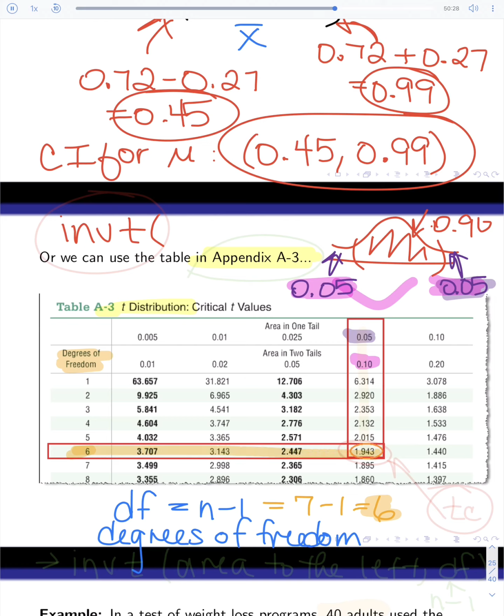Well, these two overlap at the same value we came up with for our critical value. That's the 1.943. That's your critical value, your t sub c. So this is another way to come up with that t value.